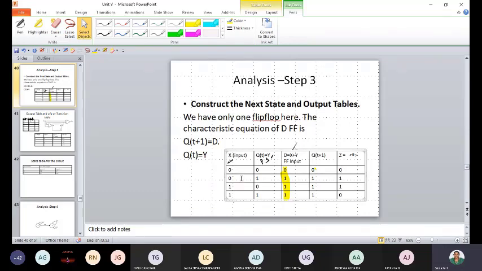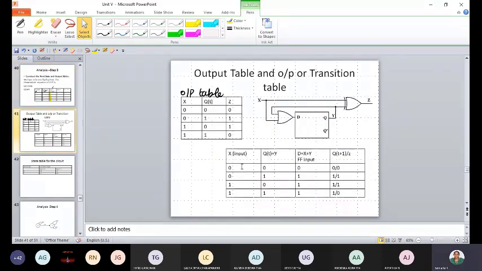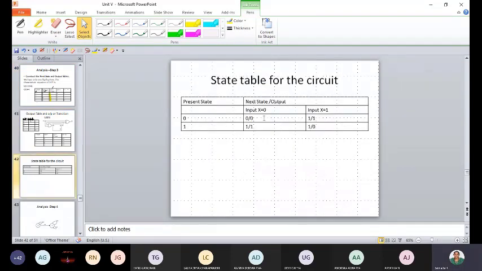When x is equal to 0 and your present state is 0, your next state is 0 and output is 0. That is about your present state 0.